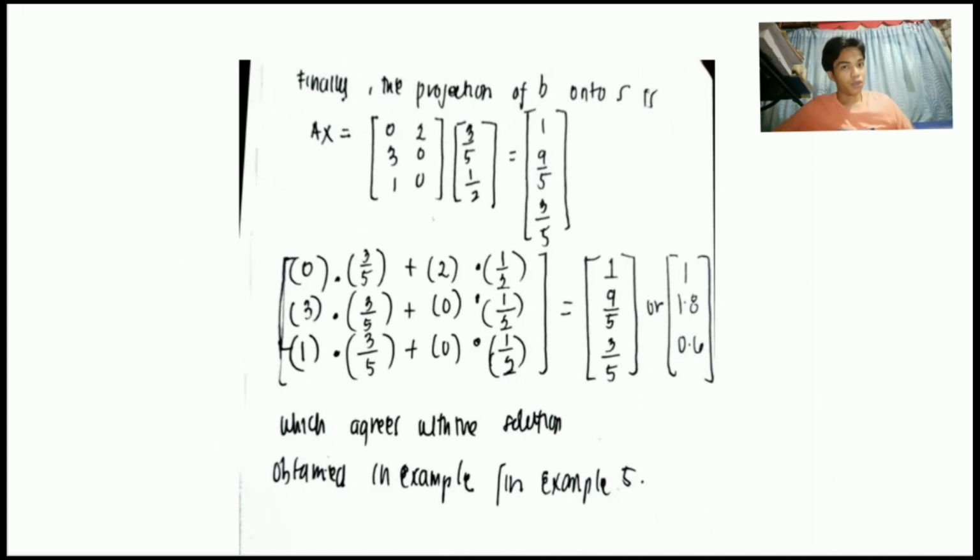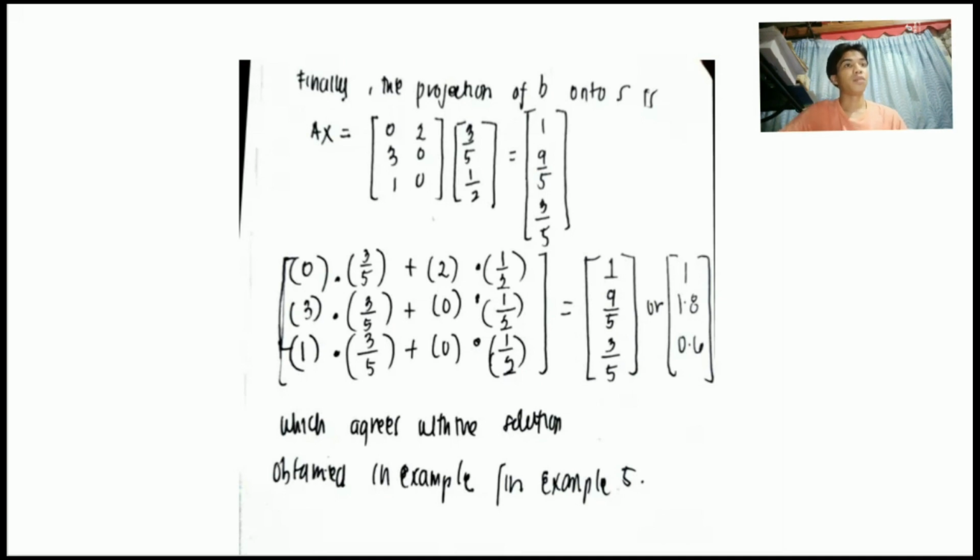We need to be careful about multiplying the given A transpose as well as the given A. So finally we have now the projection of b onto S. Our Ax will be equal to 0, 3, 1 and 2, 0, 0 multiplied by 3 over 5 and 1 over 2 that we got from earlier.